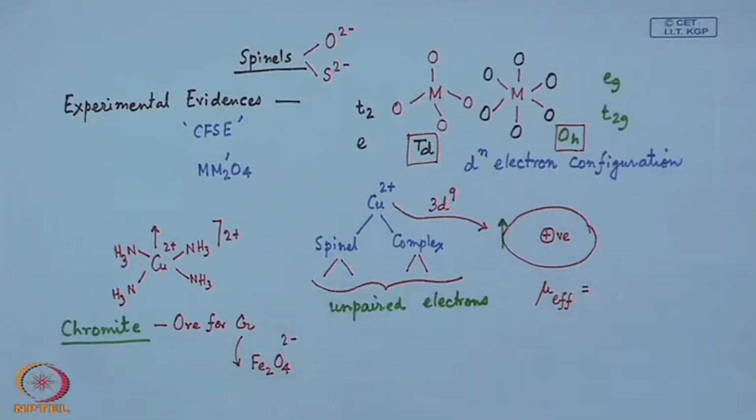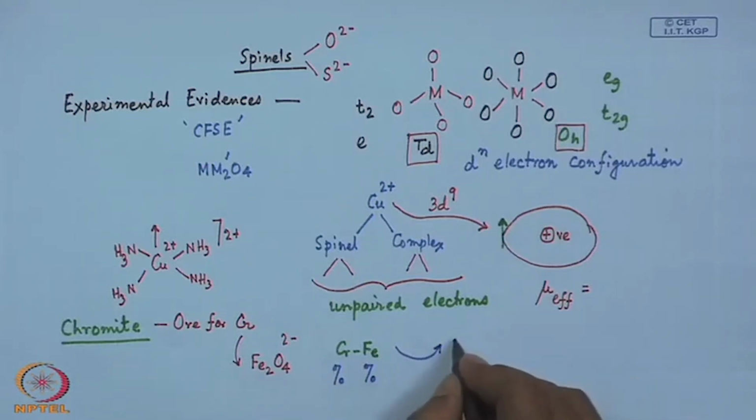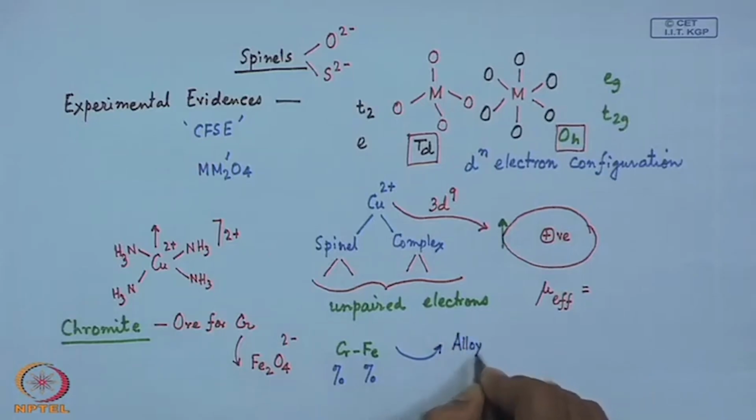If the system is such that we can have this chromium iron system, and if the corresponding physical technique is available such that the corresponding percentages of chromium as well as iron can be incorporated in some solid solution, which can be our chromium based alloy, then that procedure can be utilized.